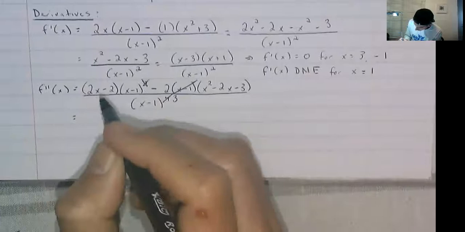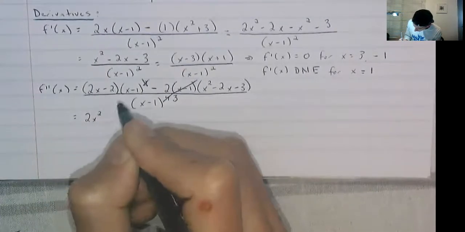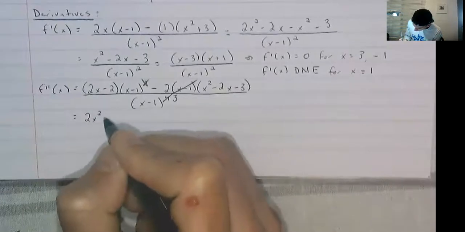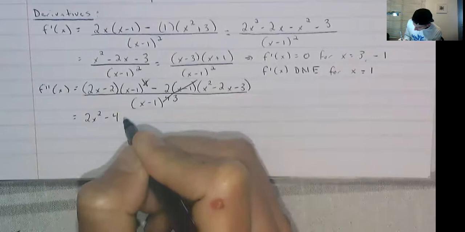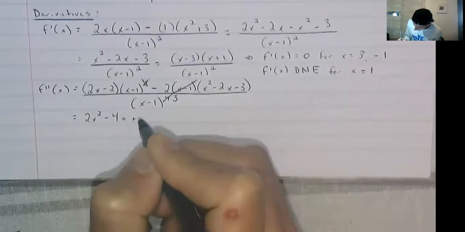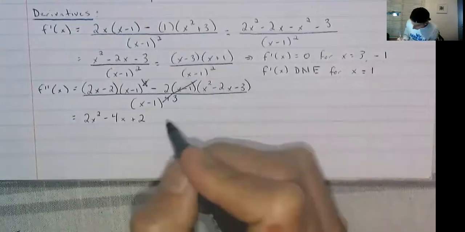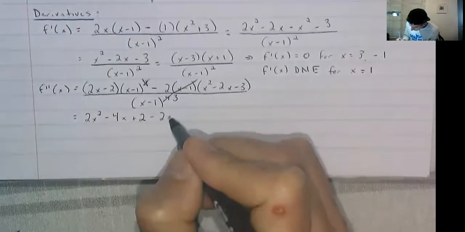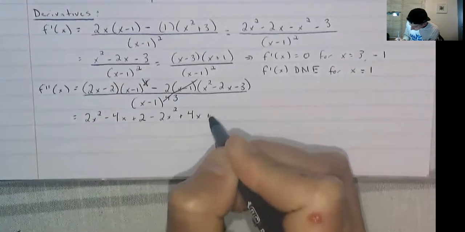Let's do some distribution here. We get 2x squared, negative 2x, minus 4x, plus 2. Distribute this negative 2, we get a negative 2x squared plus 4x plus 6.